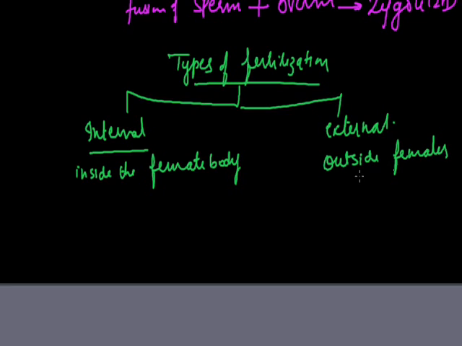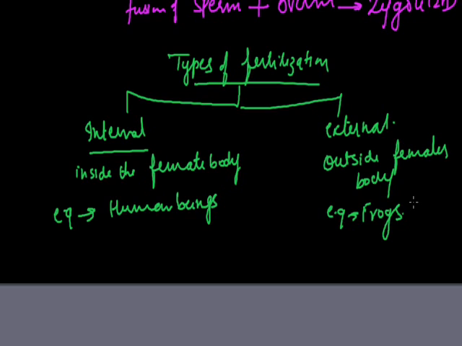For internal fertilization, the common example is human beings. In external fertilization, the most common example is frogs, which lay eggs, and the eggs are fertilized outside the female's body.